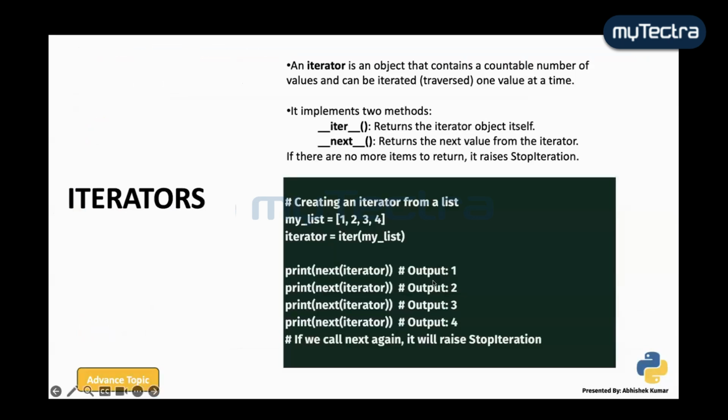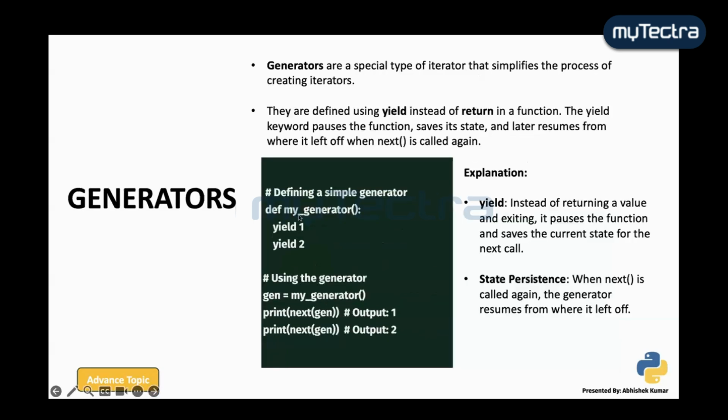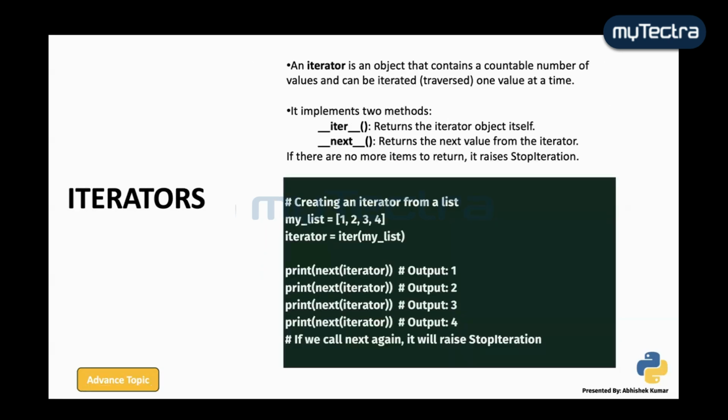An iterator is something which can iterate over the counting numbers or values, one at a time. So the iter function will give you the output. Let's say I want to make something iterable. How we can do indexing in a list, the background story, is that the list is defined as an iterable. And that's how whenever we call indexing, it gives us that particular value.